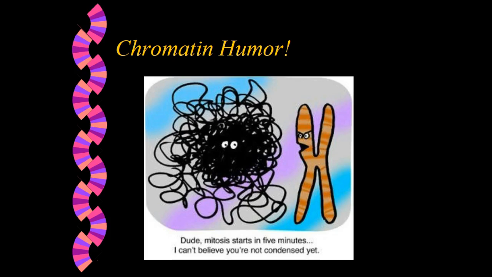Both of those chromatids held together by a centromere produce an X-shaped chromosome, and that centromere that holds them together is essentially going to be the structure that will attach the spindle fiber between it and the centriole in order for that chromosome to be moved around.